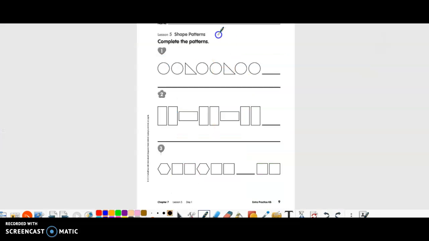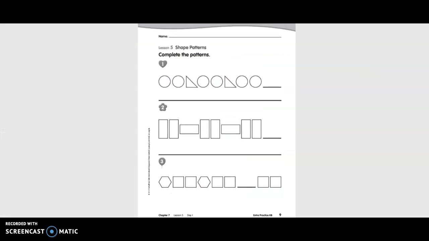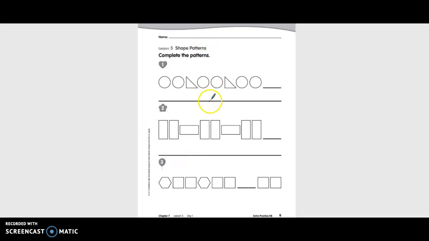All right, let's go back to our flip chart. So you are doing the same thing up here. You're completing the pattern. So say your shapes and you'll get the gist of the pattern. Circle, circle, triangle. Circle, circle, triangle.